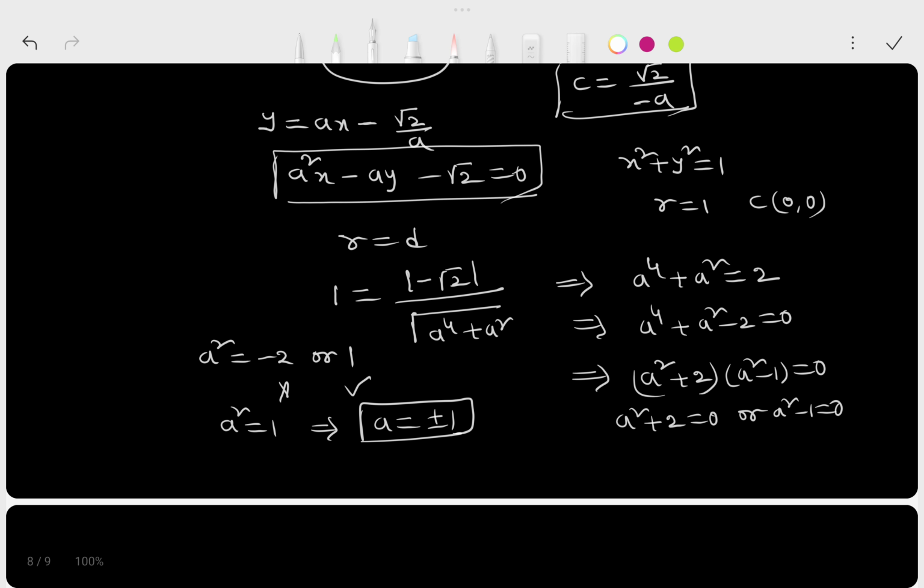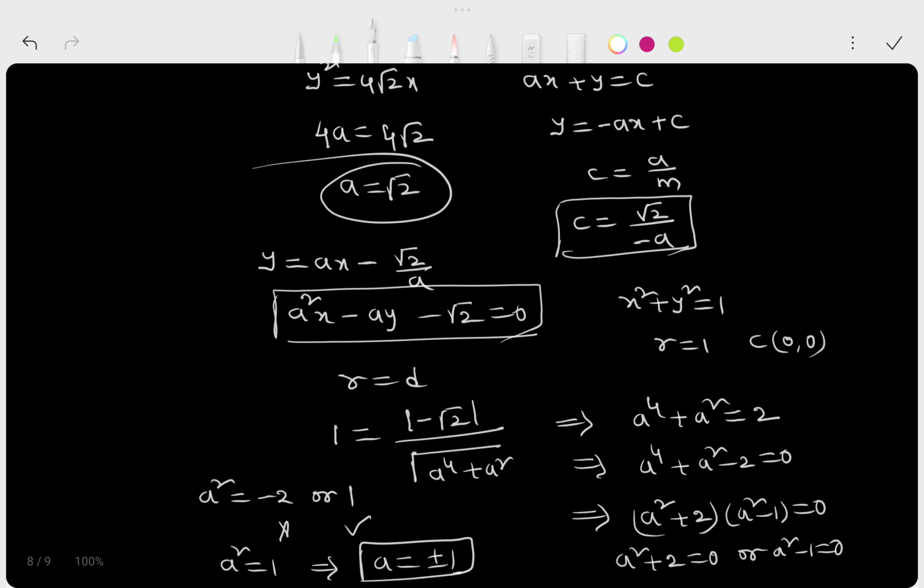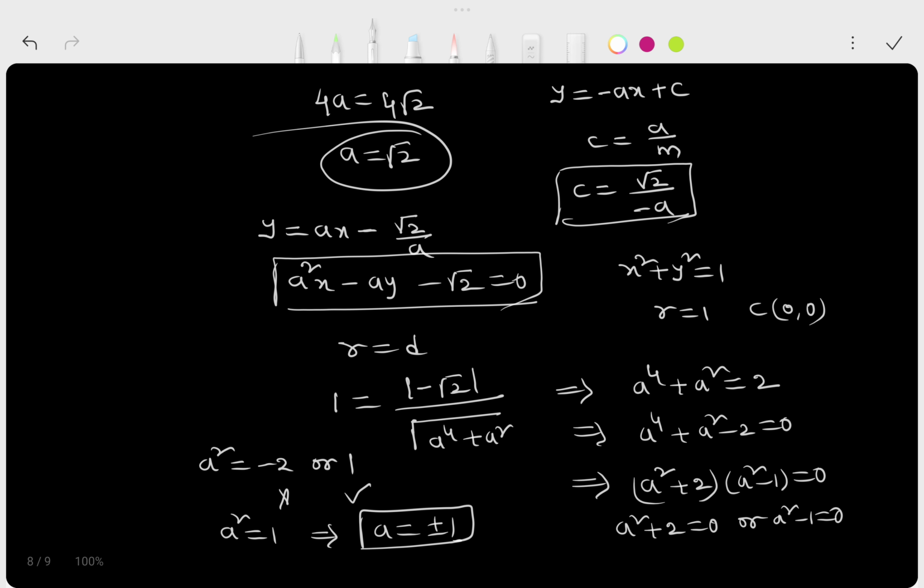Now, if you take a is equal to plus 1, c value will be equal to what? Here you substitute: a is equal to plus 1, c is equal to minus root 2. a is equal to minus 1, c is equal to plus root 2.